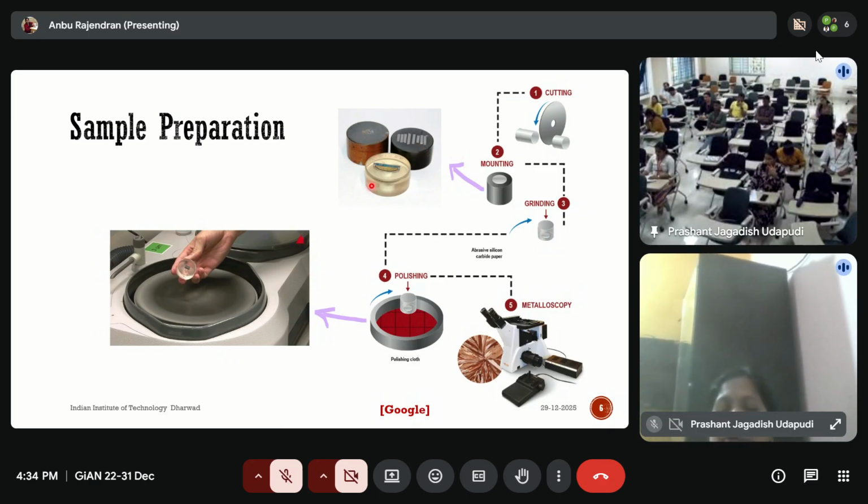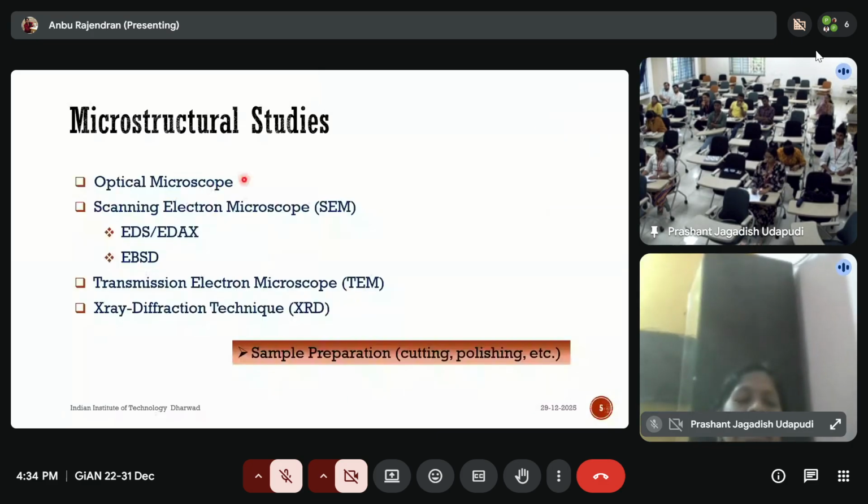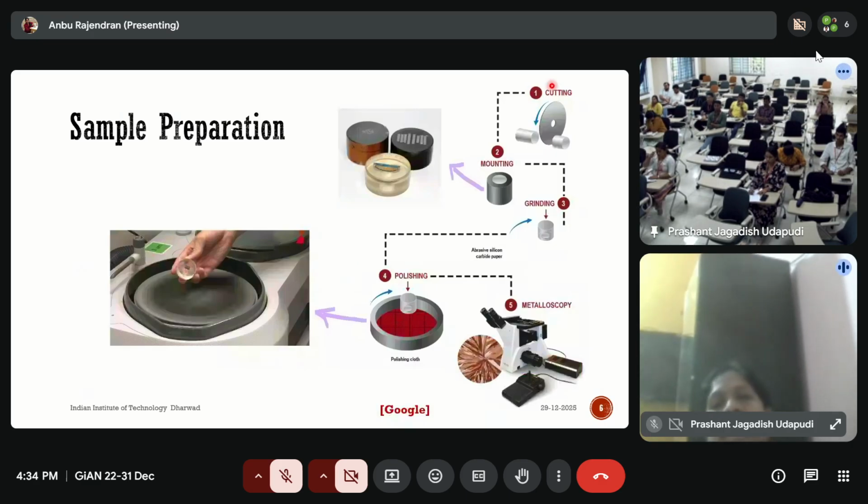So, how to start the sample preparation? If you have a bulk sample, a cutting process is required to make a small sample, because each microscope, whatever I have mentioned, has its own limitation of sample size. If you have huge samples, they should be cut into a smaller size which can fit into the machine. If the samples are too fine and very difficult to hold during preparation, they can be mounted with the help of resins.